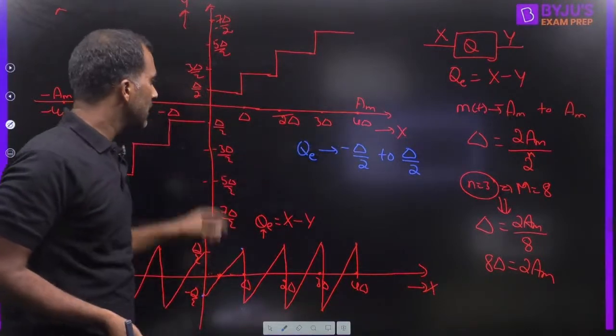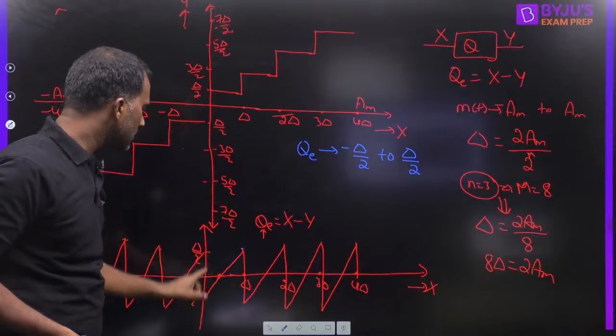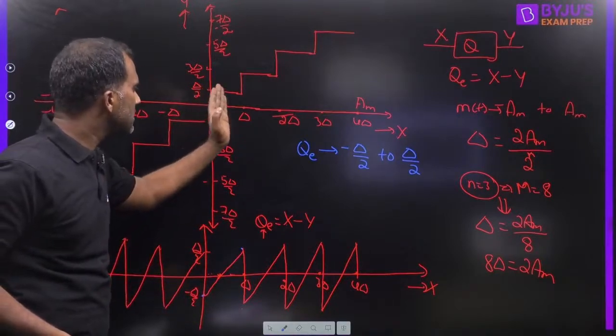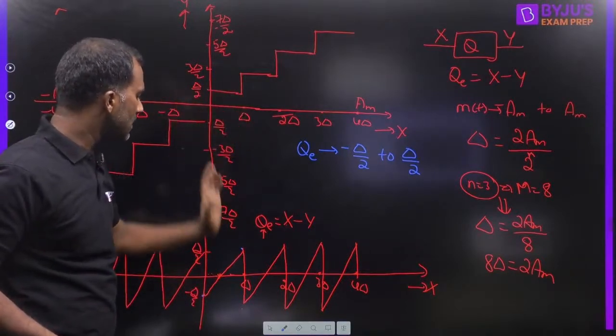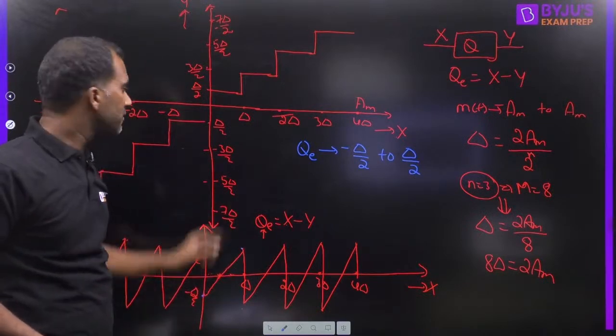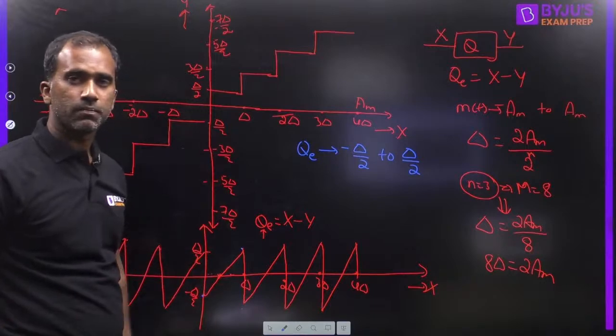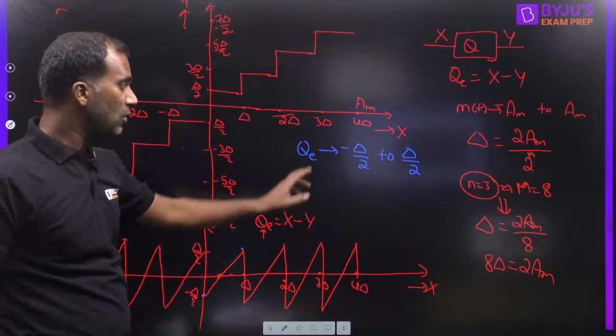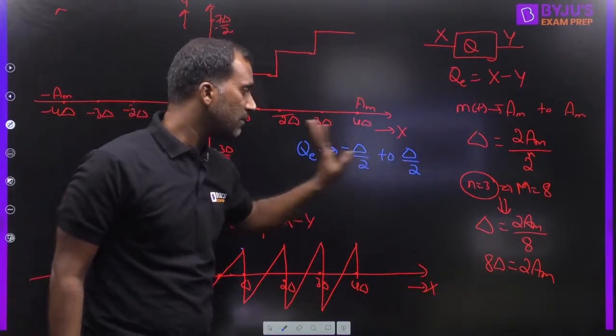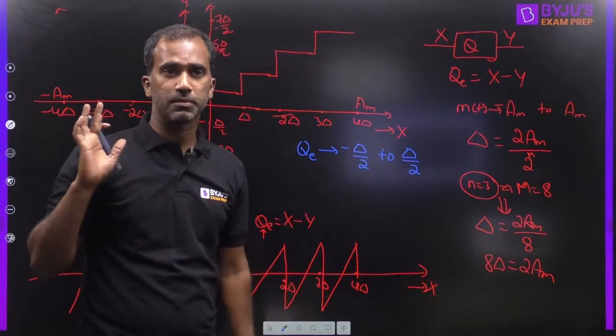If the input voltage is just higher than 0, it will take minus delta by 2. If the input voltage is delta by 2, it will take 0. If the input voltage is close to delta, it will take plus delta by 2. If the input voltage is anywhere in between, the quantization error will be anywhere in between. So all errors are possible, from minus delta by 2 to plus delta by 2.